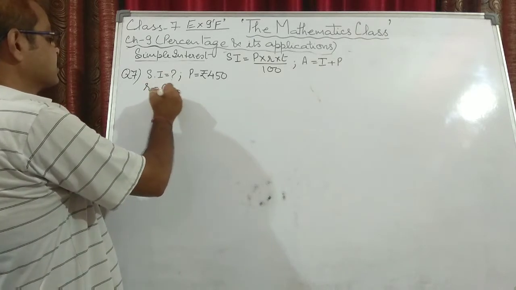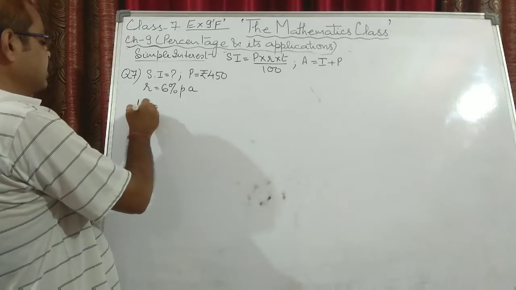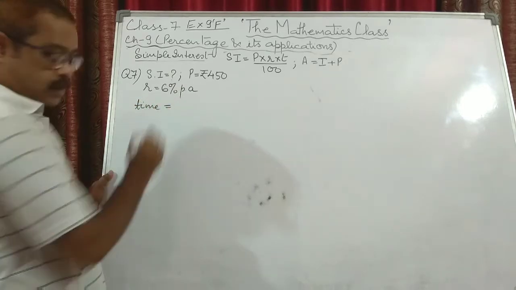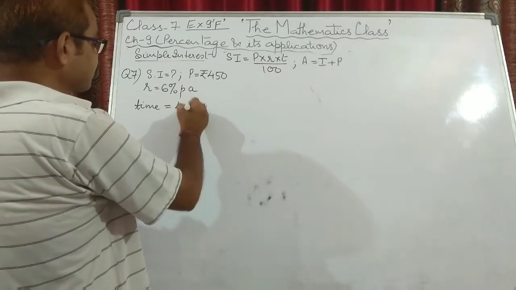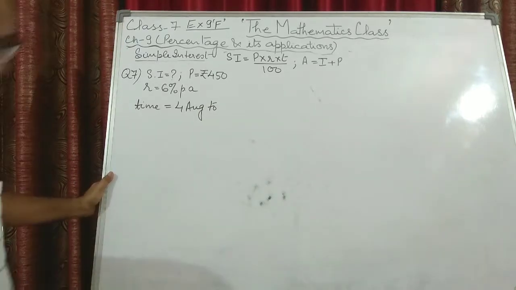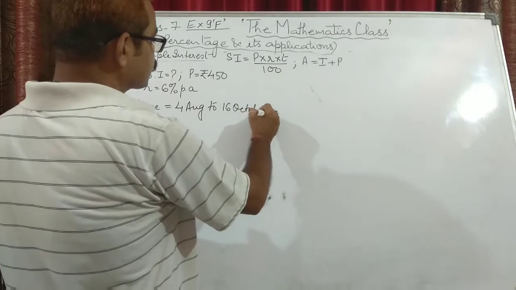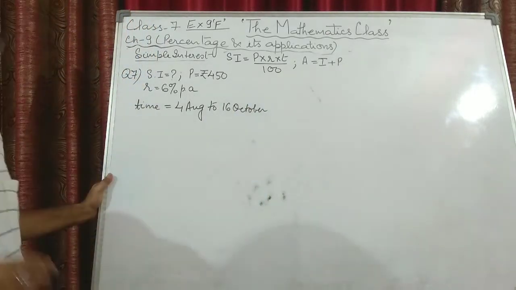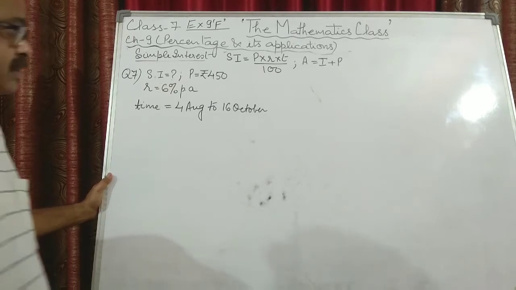Rate is 6% per annum, but time is given in form of days from 4th August to 16th October. So we will calculate the number of days and then we will divide it by 365.